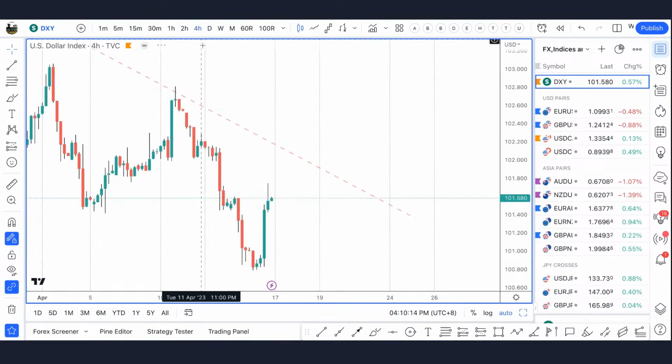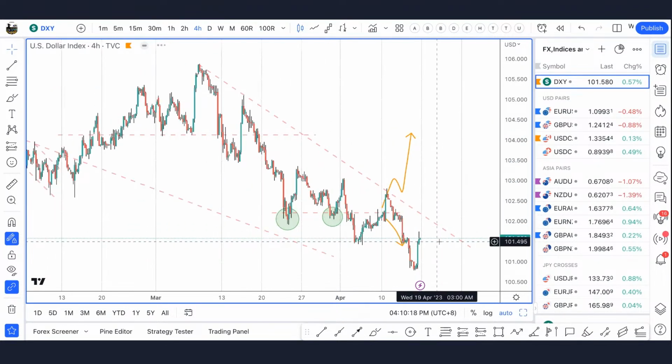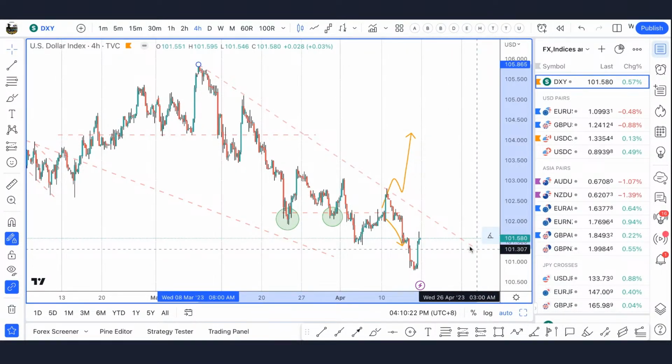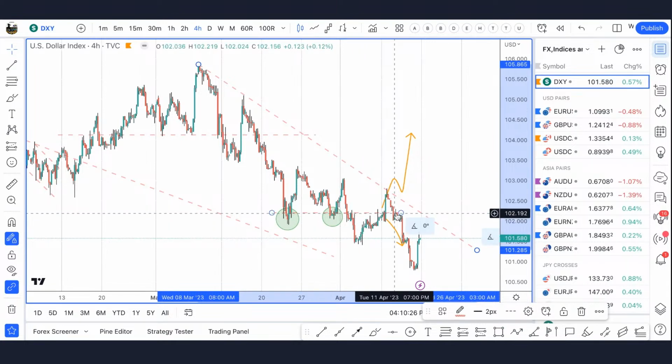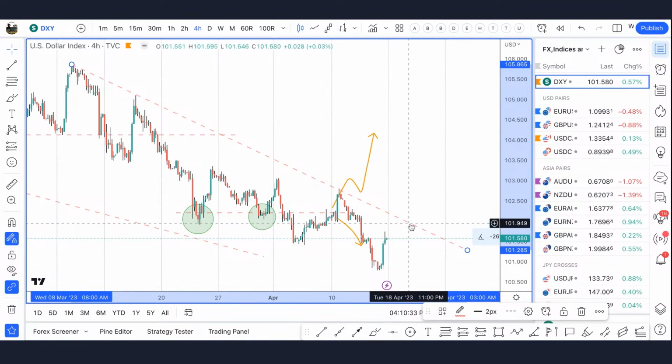So what I will be looking at is it coming back either to retest this downtrend line that has been formed, or it can go back to this 102 level that was tested before, and then it starts to turn again.